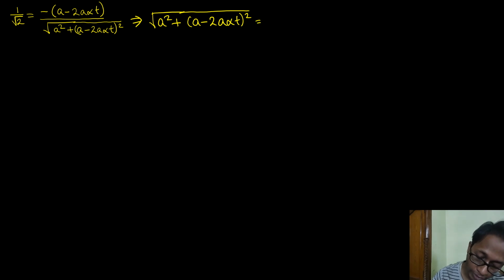Now when we solve this equation by cross multiplying, what do we get? See, I just cross multiply this parameter with this one and this parameter with this one. Okay, so what do I get? I get under root of a square plus (a minus 2a alpha t) whole square into 1 equal to minus root 2 into (a minus 2a alpha t).